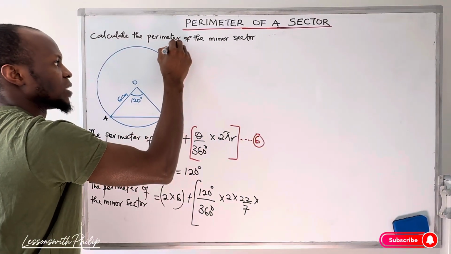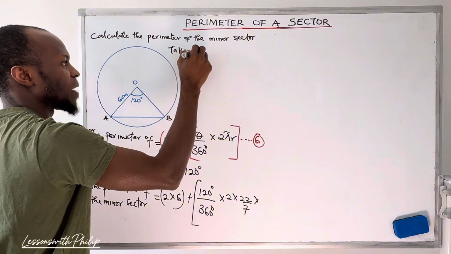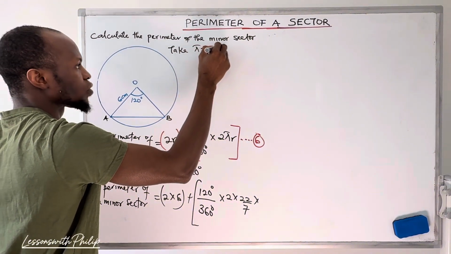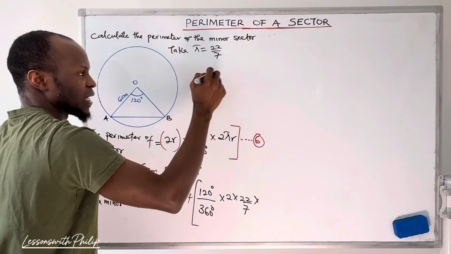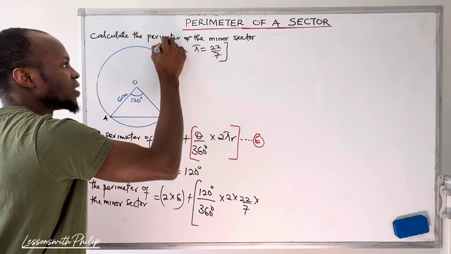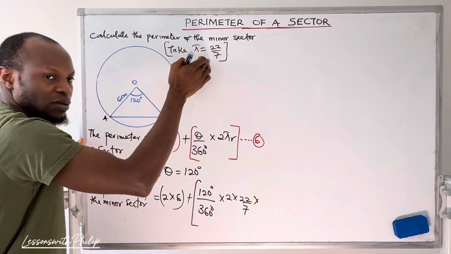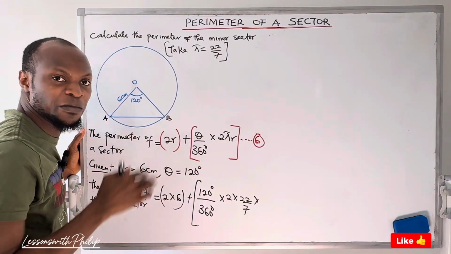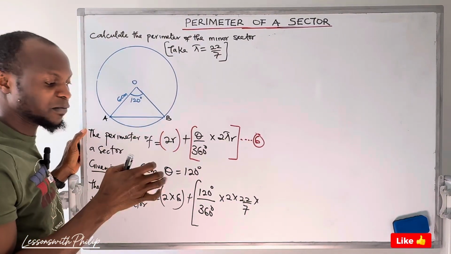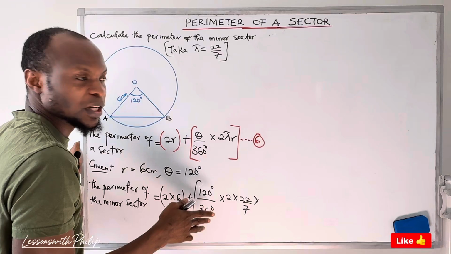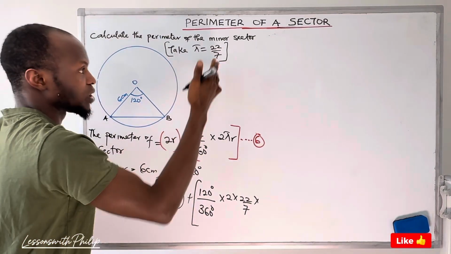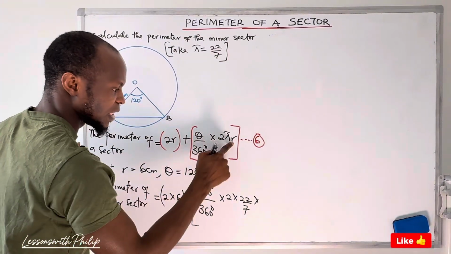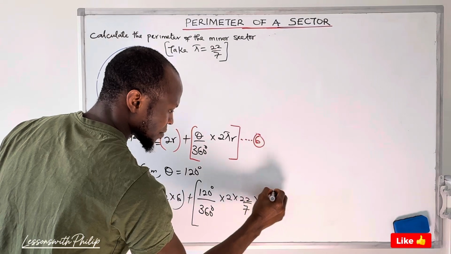Please take note: anytime you are not given pi, your pi is always 22 over 7, a constant. If you are given the value, use the value you are given. Sometimes you can be given 3.142, the decimal form of pi. Use it. But in this case, I'm not given, so I will take my pi to be 22 over 7. Then my radius is 6.